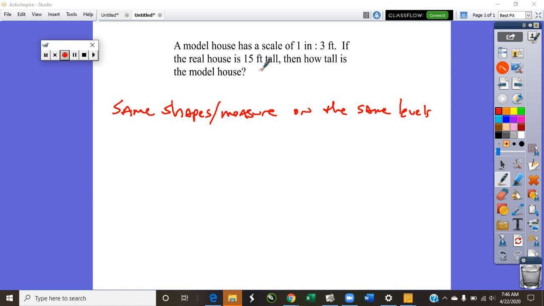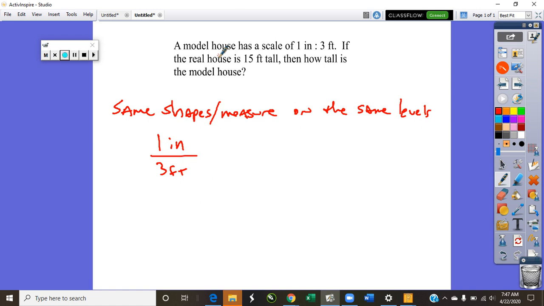So we're going to take what we know here, which is our ratio of 1 inch equals 3 feet. Okay, because we know a model house has a scale of 1 inch equals 3 feet. So for every inch on that model house, that equals 3 feet in real life. Okay, so if the real house is 15 feet tall, then how tall is the model house?